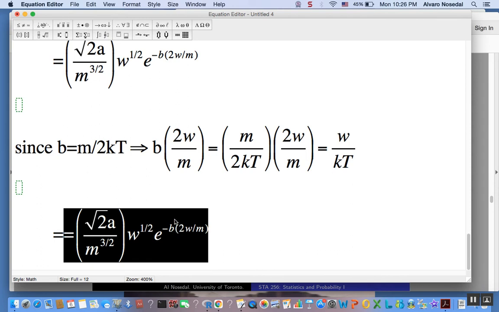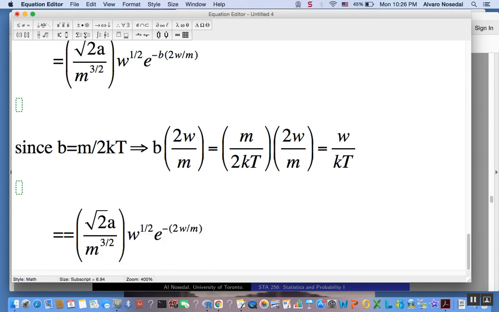So instead of writing minus b times w divided by m, we're just going to be writing minus w divided by kt. Make sense? So minus w divided by kt. Okay?